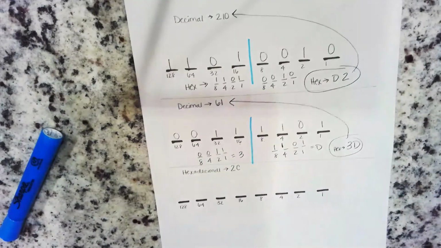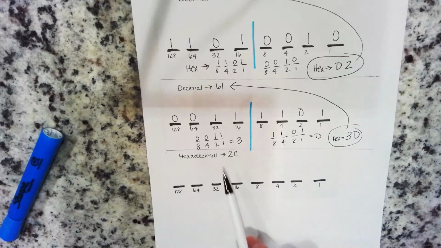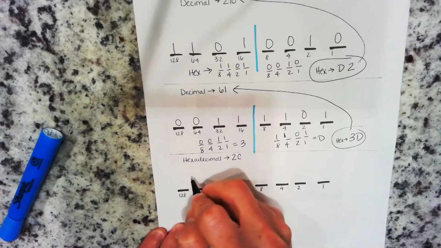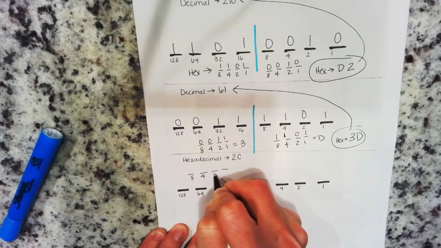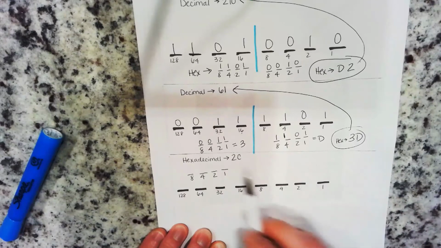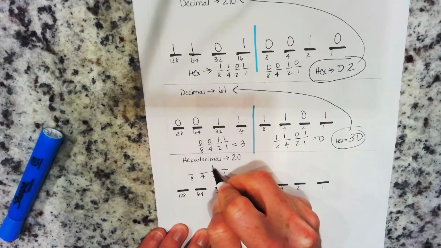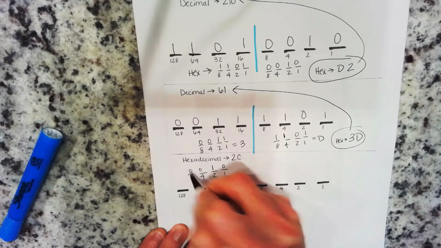All right. Now let's look at what if we have hexadecimal first. I've got 2C. We're always going through binary in the middle. So I write 8, 4, 2, and 1 here. To get a 2, I need a 1 there and zeros here.